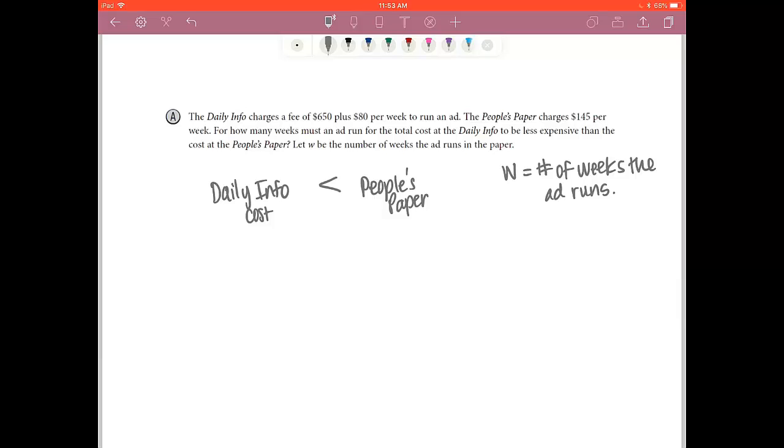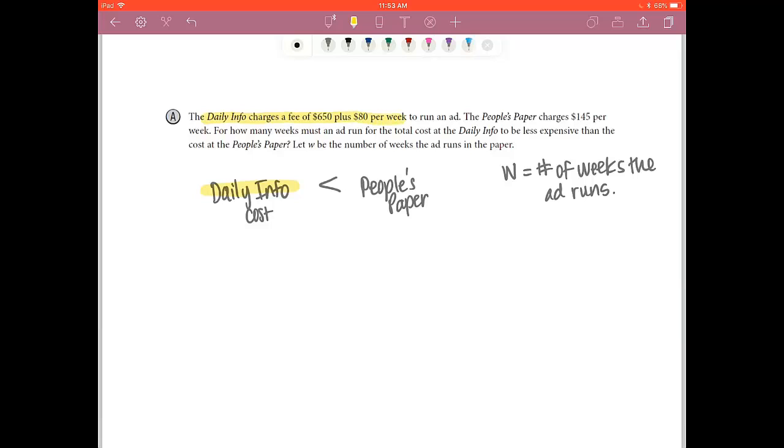So I'm running an ad in the paper. Do I go with the Daily Info or do I go with the People's Paper? Whichever one is going to be less expensive looks like the one that I'm going to be going with if this is me trying to put an ad in the paper for something.